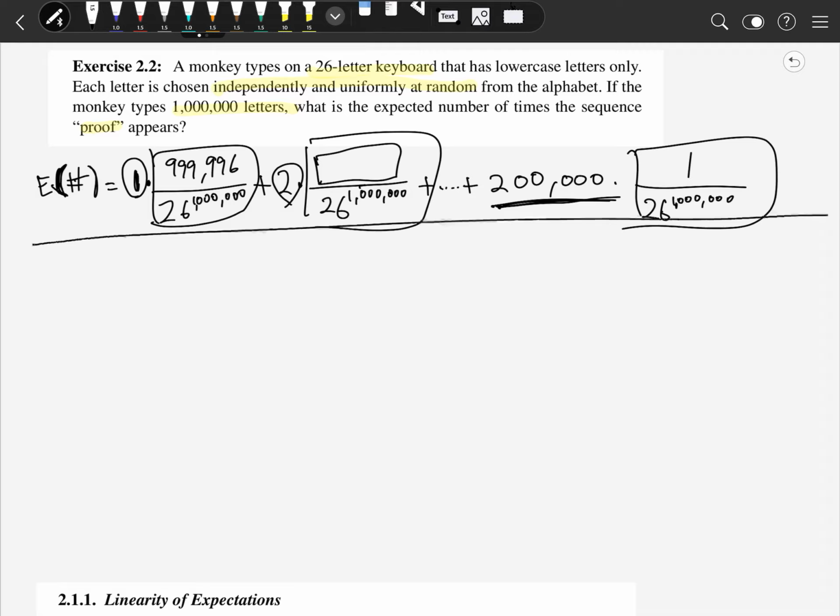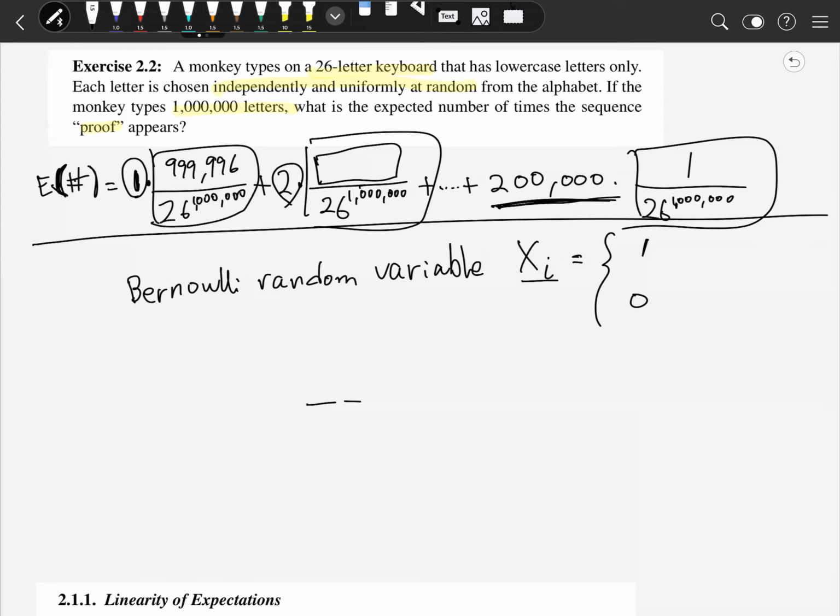The way we're going to go around this problem is we're going to declare a Bernoulli random variable Xi, and Xi is going to be 1 or 0 because it's a Bernoulli random variable.